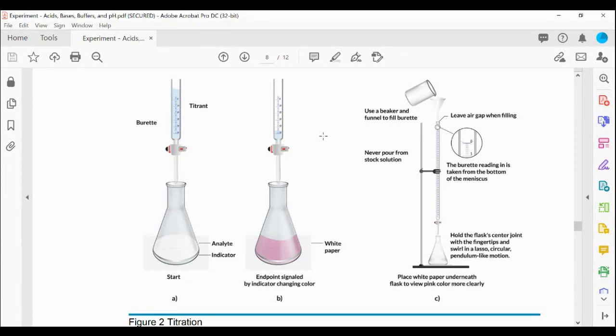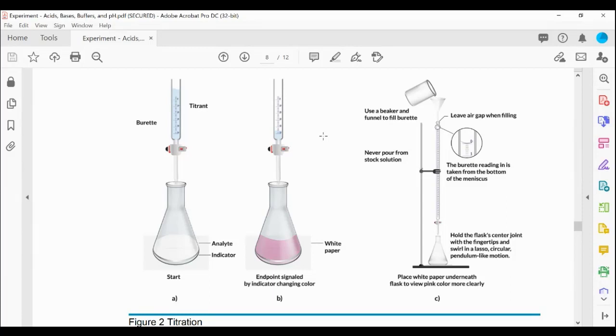With the correct indicator, the end point of the titration, which is when the color changes, is very close to the equivalence point, where the amount of acid equals the amount of base.